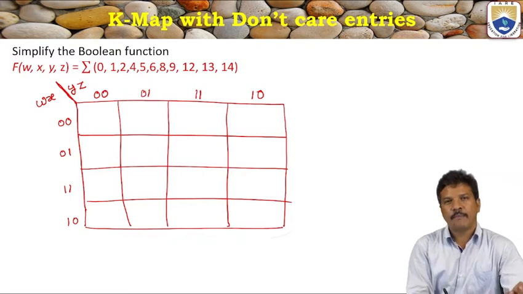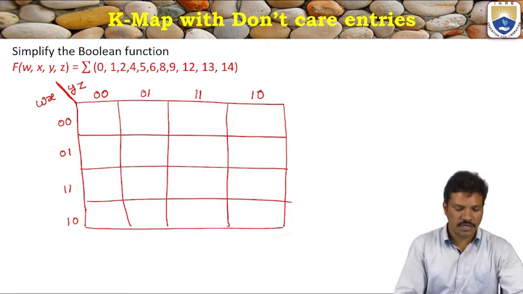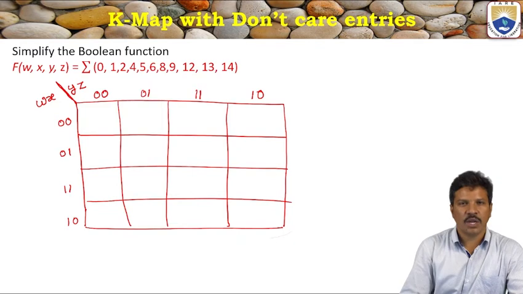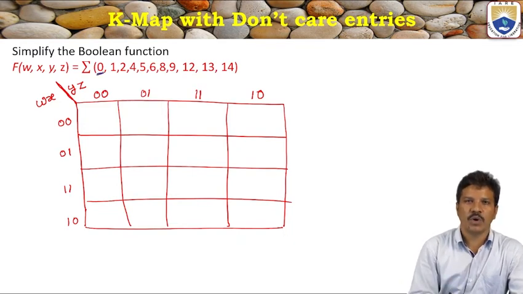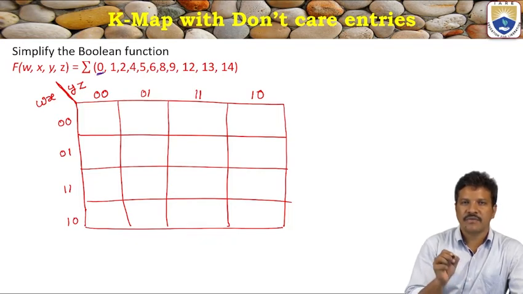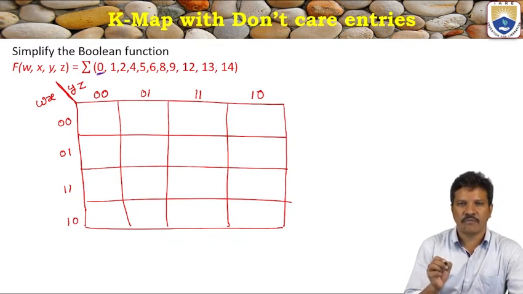So what are the minterms which are listed in the function? 0 0. How can we identify 0 0? The digit number 0 represents the 4-bit 0 0 0 0. We can also represent it in minterm product representation as w bar, x bar, y bar, z bar.